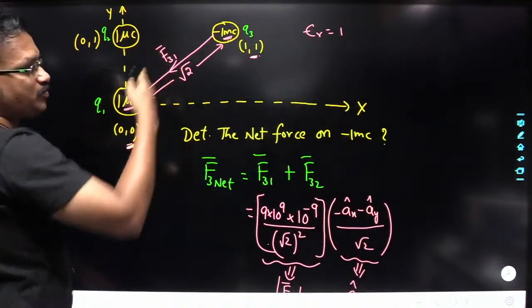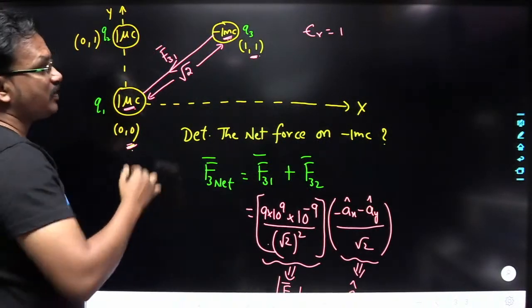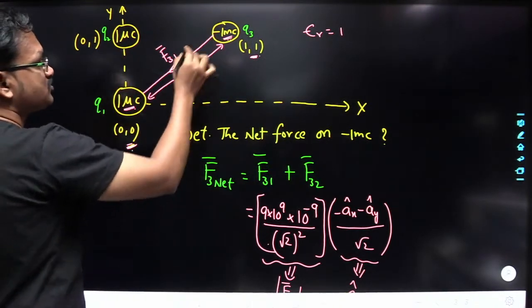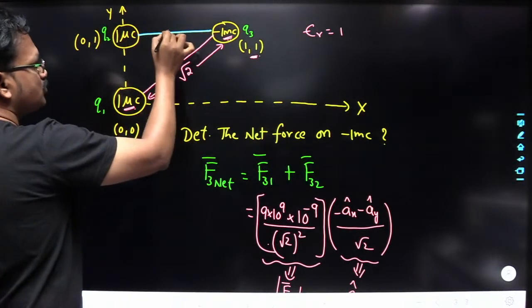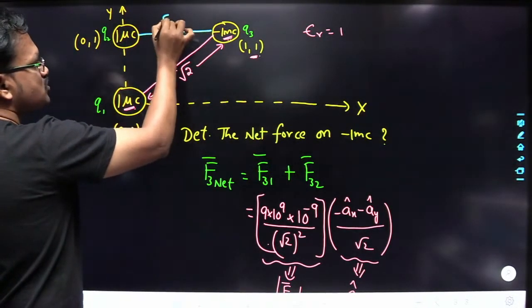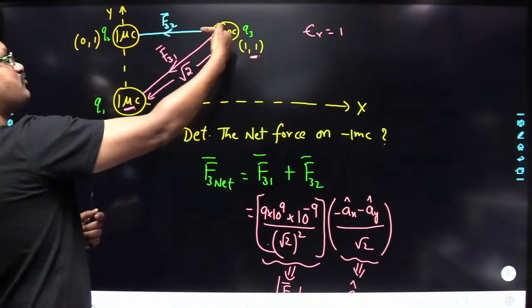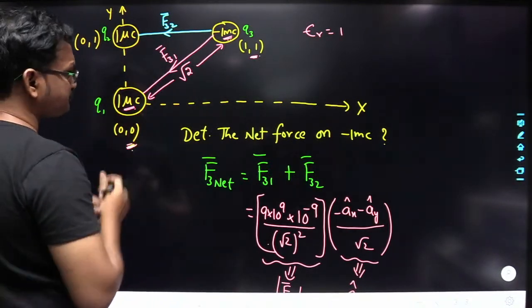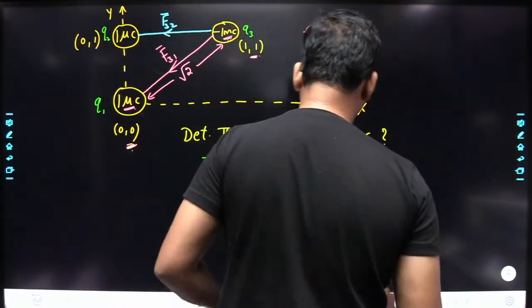We are determining the force on Q3, so in which direction is Q3 going to experience the force? Towards Q2. So this is the force on 3 due to 2. Now write down the magnitude of F32.